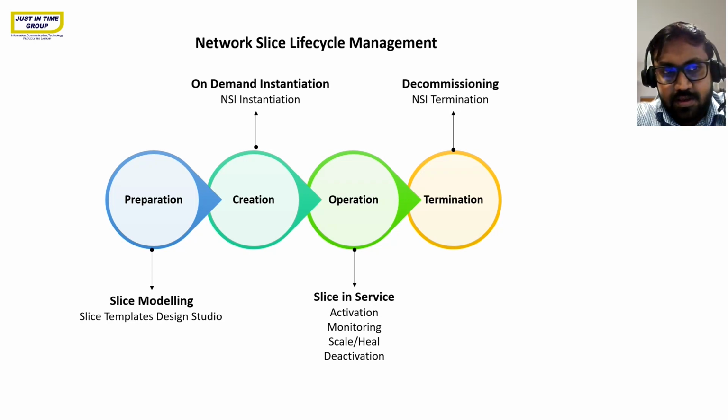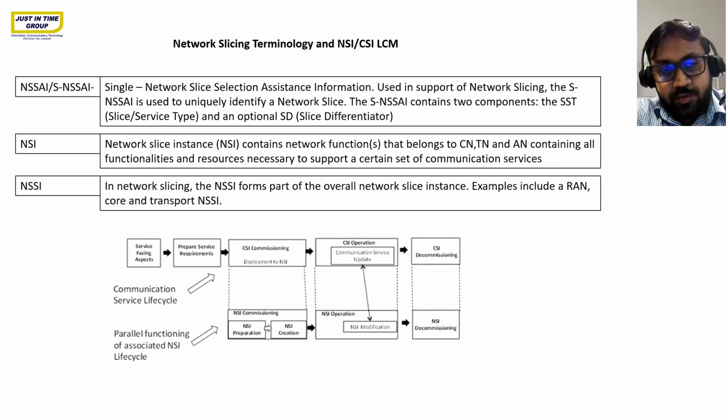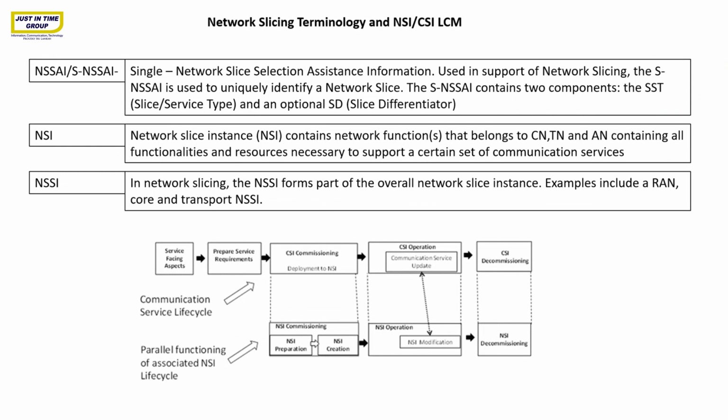So there are a lot of phases to a network slice. If you spin up a network slice, then it's like managing a virtual network function, similar to a VNF. In previous slides I did not explain those terms, so this is an explanation of what those terms mean.